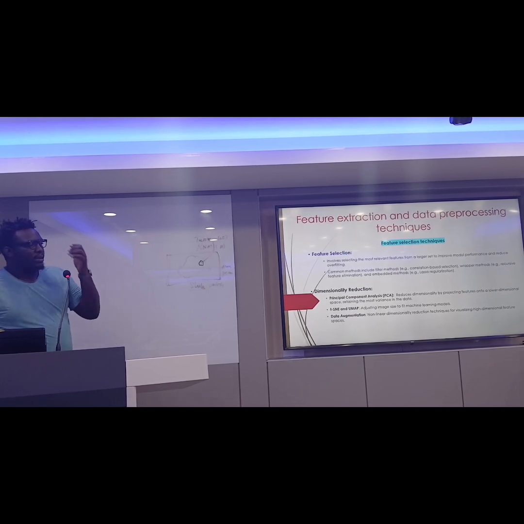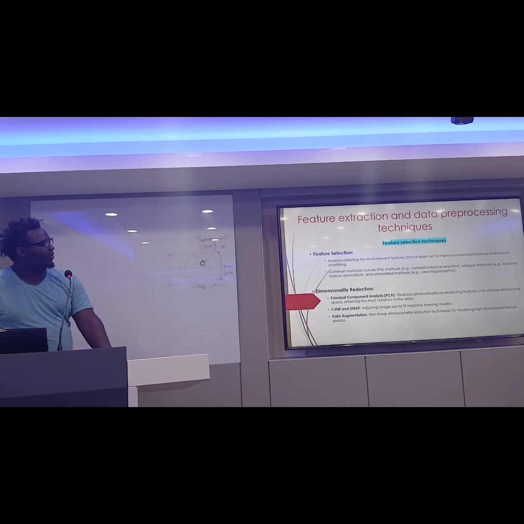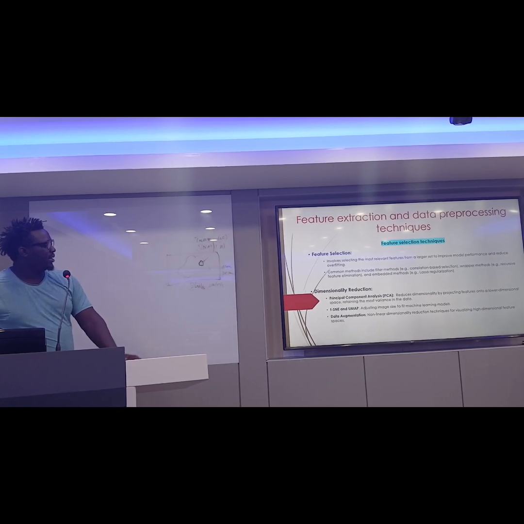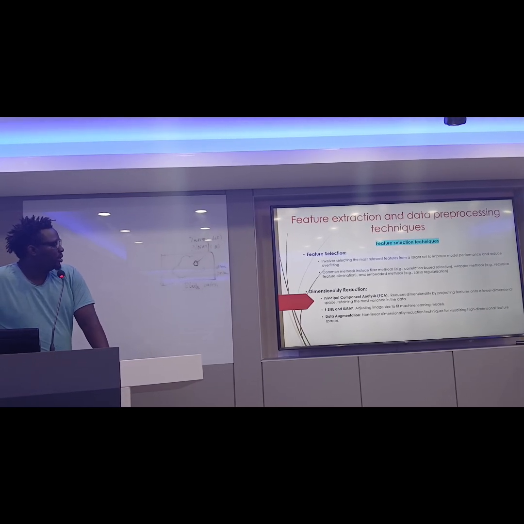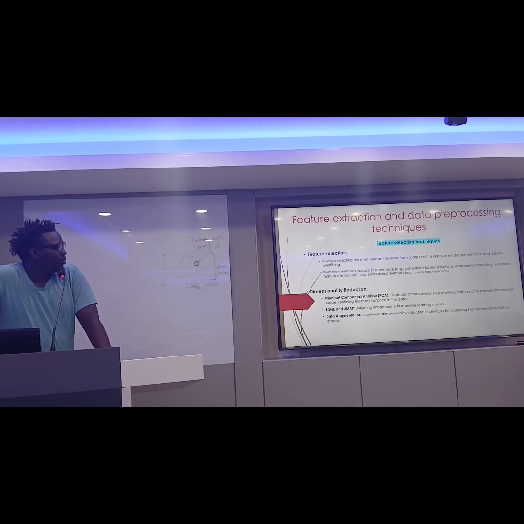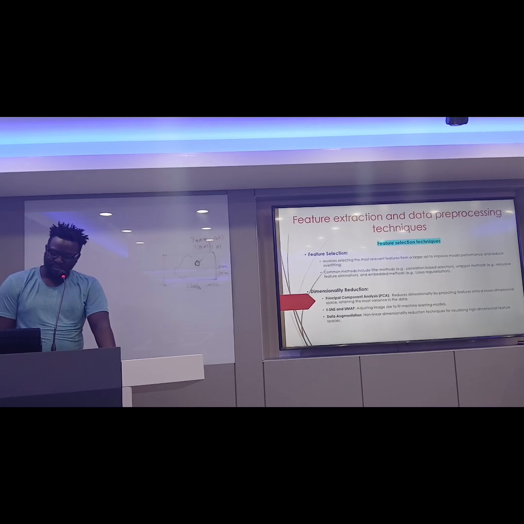When we study unsupervised learning, we mostly use PCA and k-means algorithms and so on. Then you have UMAP, a nonlinear dimensionality reduction technique for visualizing high dimensional features. There is also data augmentation, and adjusting image size to fit the model.